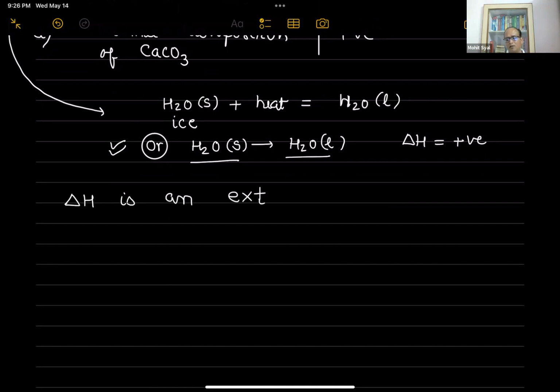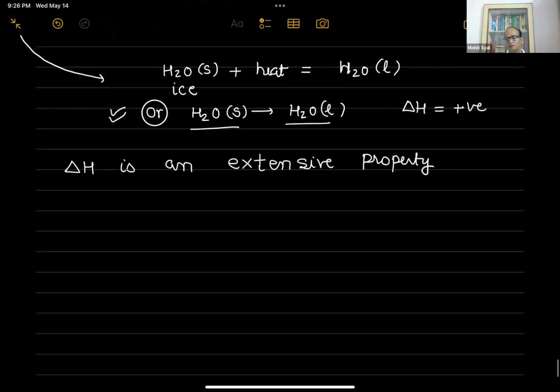So I'm going to use one more term: intensive property and extensive property.